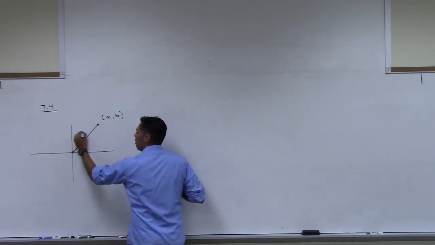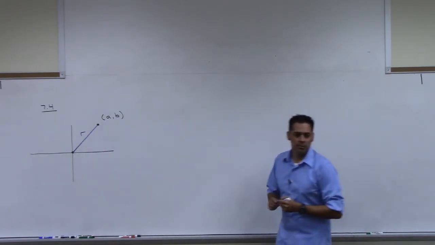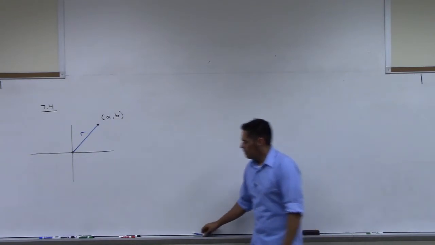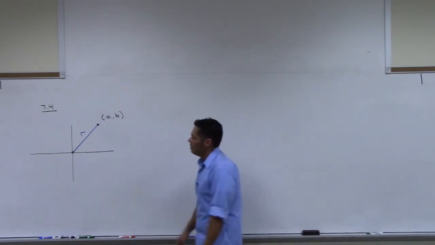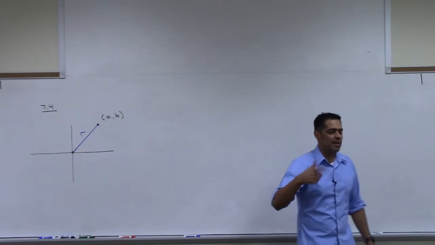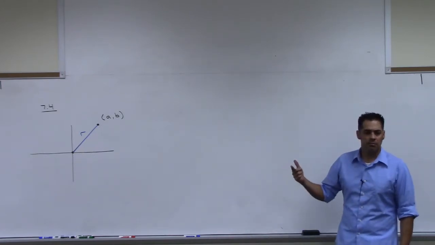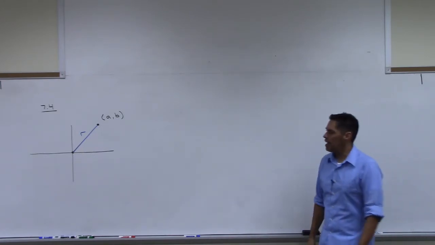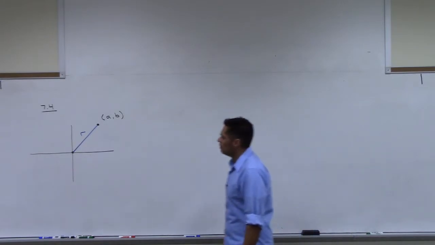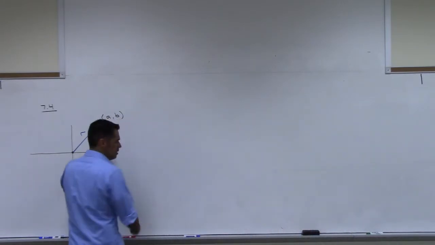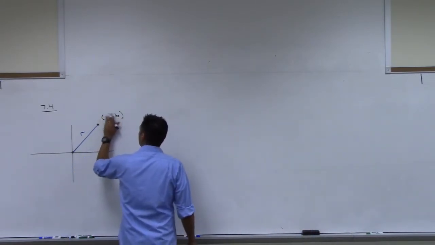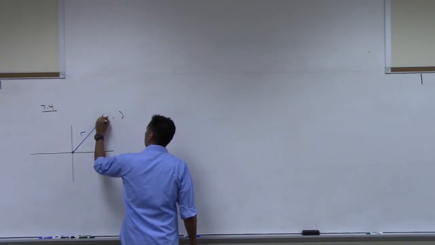That distance we will call R. Is there a relationship we could establish between A, B, and R? Actually, let's change this to X and Y. We've used A and B. Let's use X and Y.